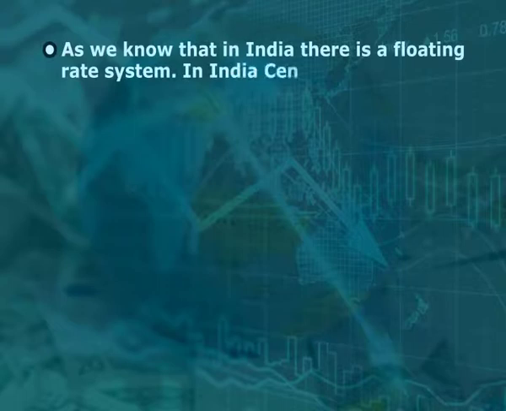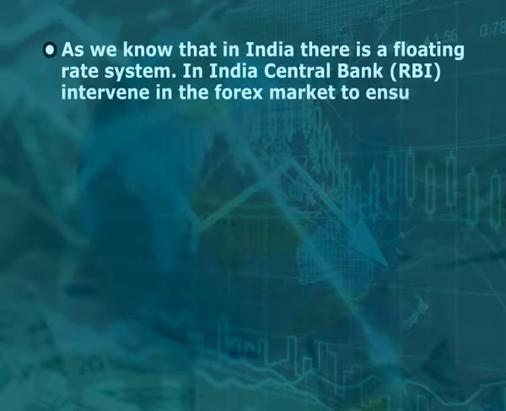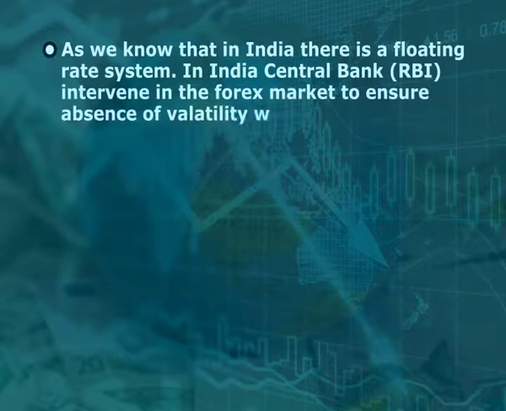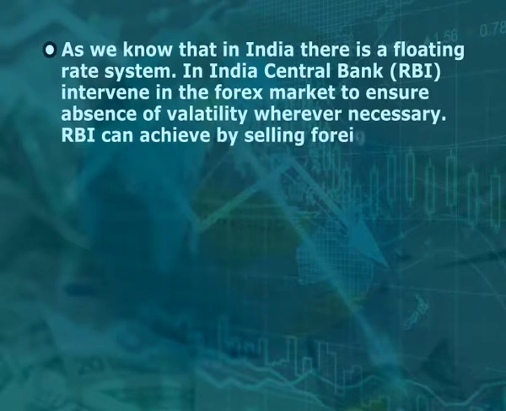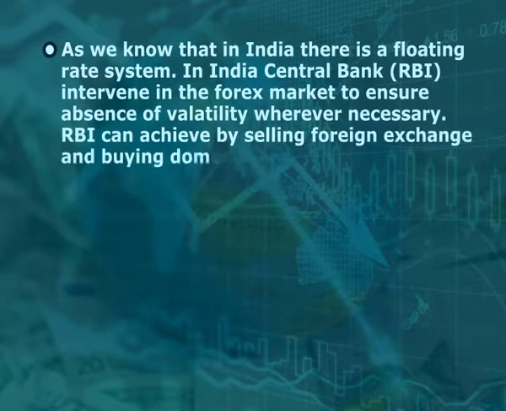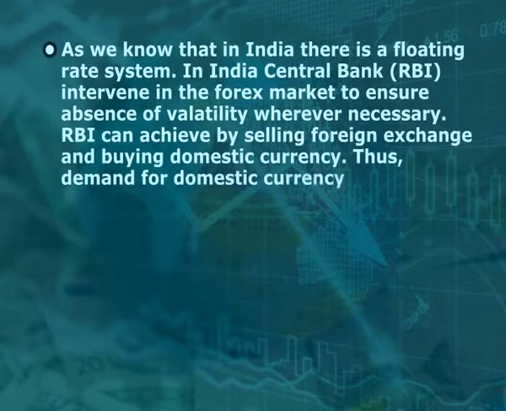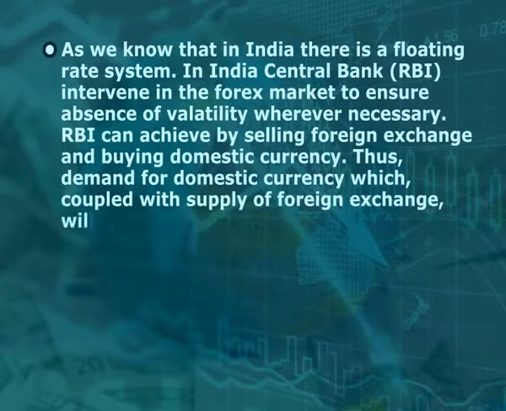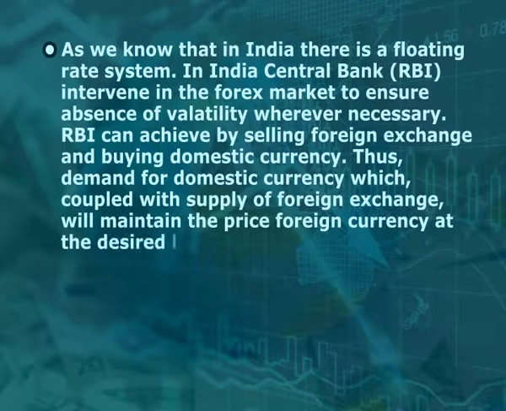As we know, in India there is a floating rate system. In India, the central bank, that is RBI, intervenes in the forex market to ensure absence of volatility wherever necessary. RBI can achieve this by selling foreign exchange and buying domestic currency. Thus, demand for domestic currency, coupled with supply of foreign exchange, will maintain the price of foreign currency at the desired level.